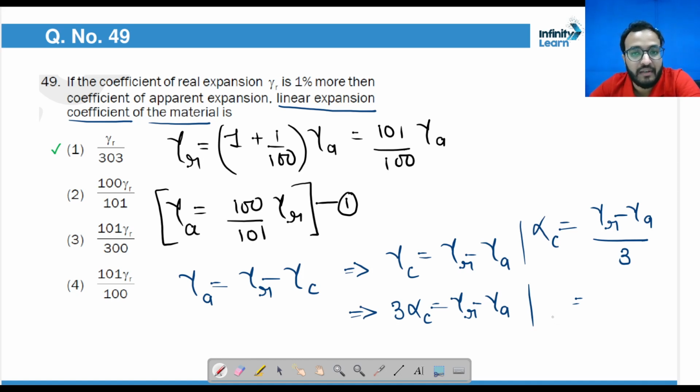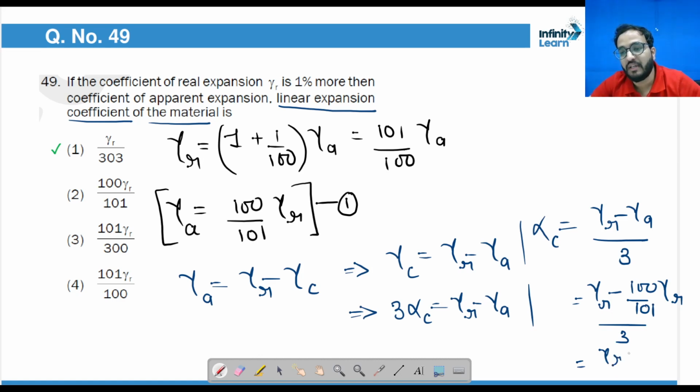So what is gamma real? 101 upon 100. But in terms of gamma real you have to answer, no? So gamma real minus gamma apparent is 100 upon 101 times gamma real upon 3. So it is gamma real upon 303. The first option is correct.